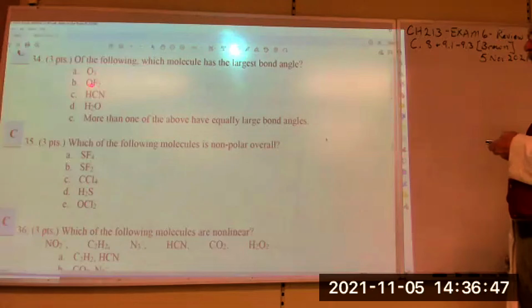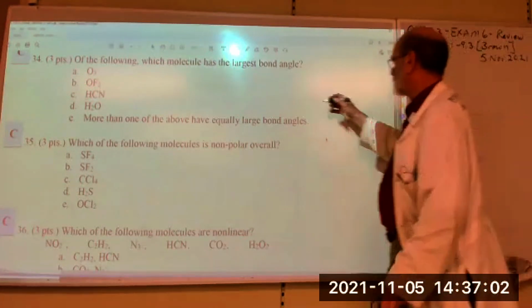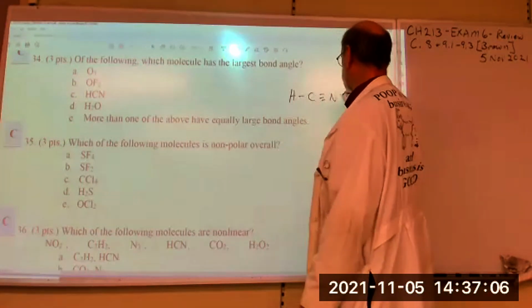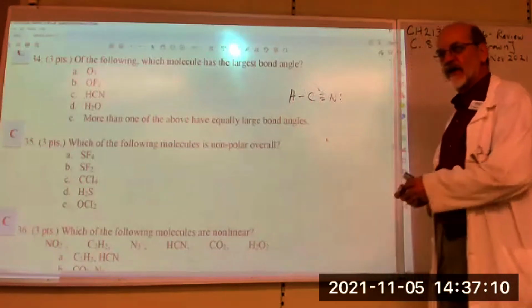How about this one? OF2. Oxygen still has 2 lone pairs, it's just like hydrogen's there. That one's bent, that one's bent, that one's bent. This is linear. So that angle is 180 degrees.